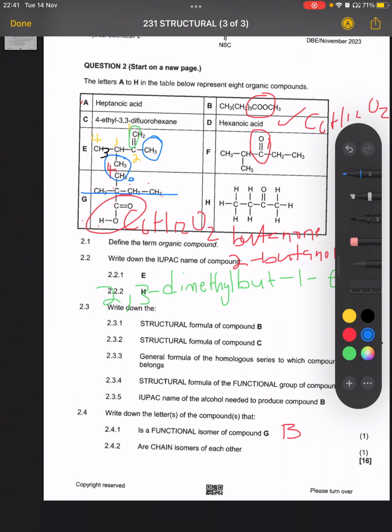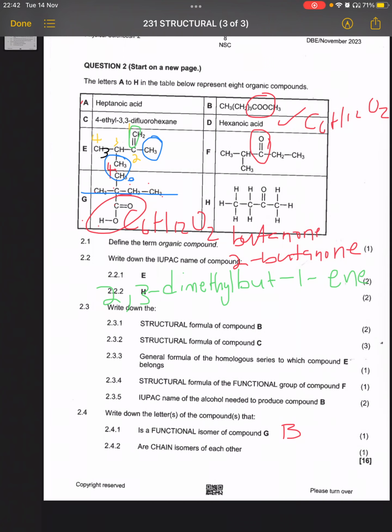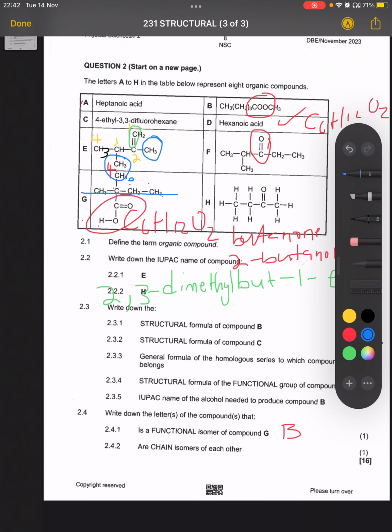That's the string. So that makes it its chain isomer. So therefore G and D are chain isomers of each other. And that G and D would be the answer.